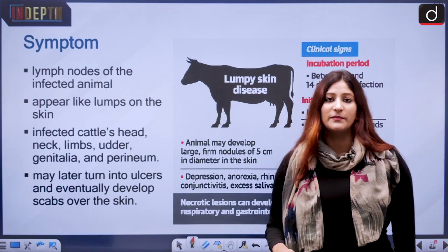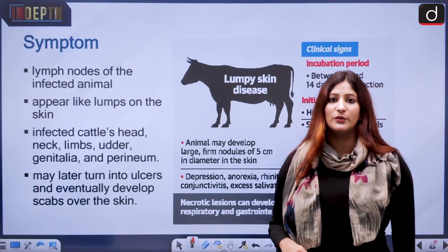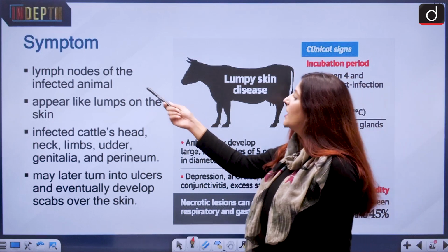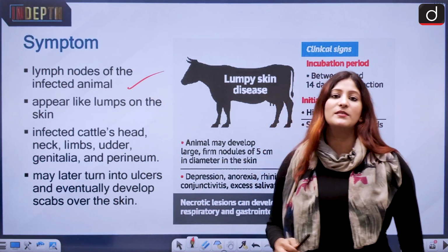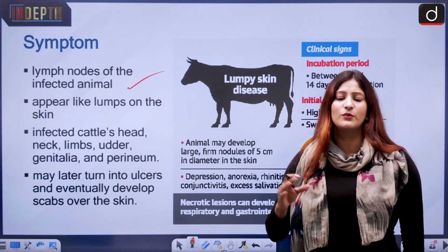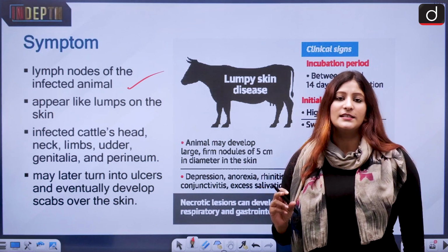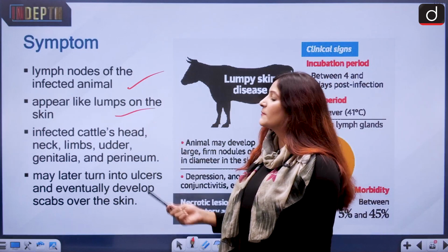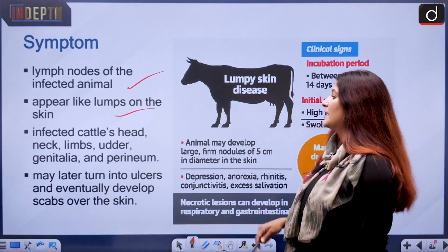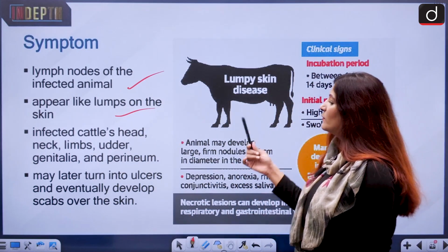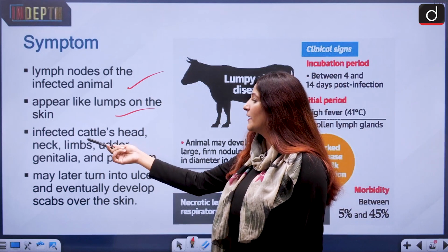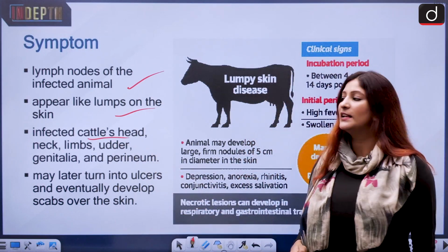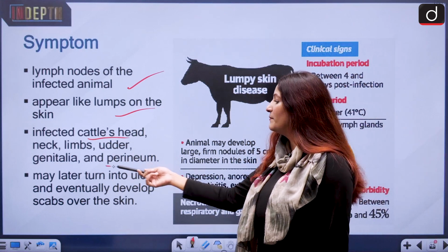Let us talk about the symptoms. As I told you in the beginning itself, the lymph nodes get enlarged, and these infected animals get an enlargement of 2 to 5 centimeters in diameter, and then it appears like lumps on the skin, giving the name lumpy skin disease. If we talk about where these lumps can occur: infected cattle's head, neck, limbs, udders, genitalia and perineum.